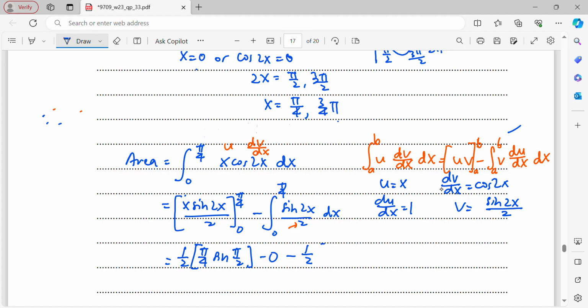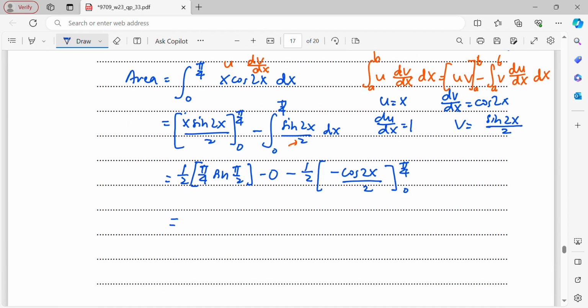Integrate sine, it will be negative cos, then differentiate 2x is over 2. Again, limits. For your information, sine of half pi is 1. That means the first term will be pi over 8.